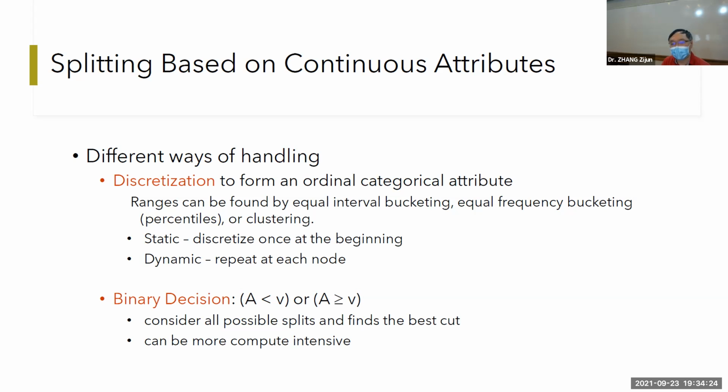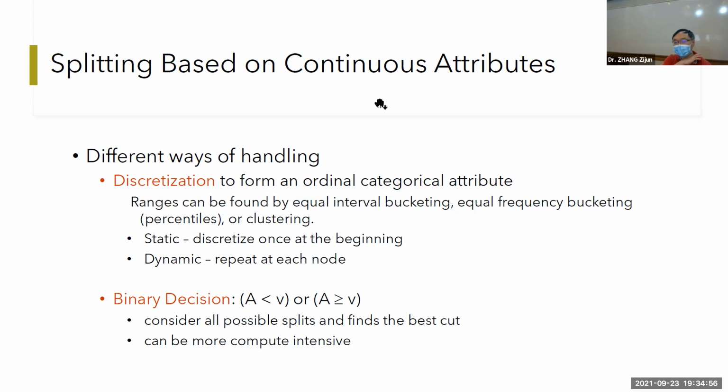And also, the application of such a discretization strategy can be done in two ways. One is static discretization. That means you do a one-time discretization at the beginning. Another is dynamic discretization. This discretization will happen by considering the values at a particular node.